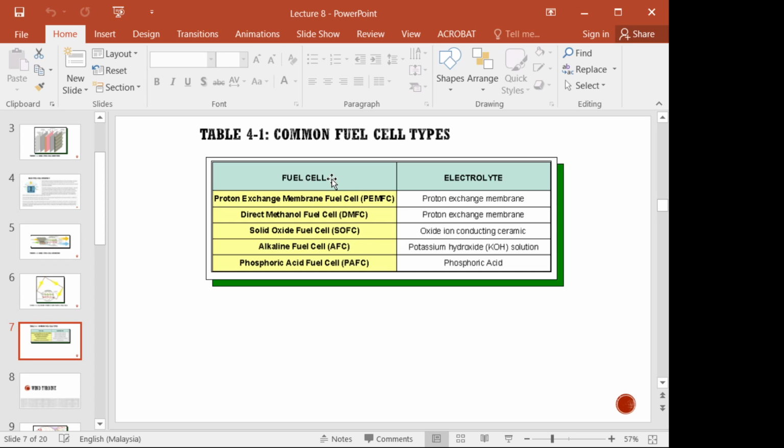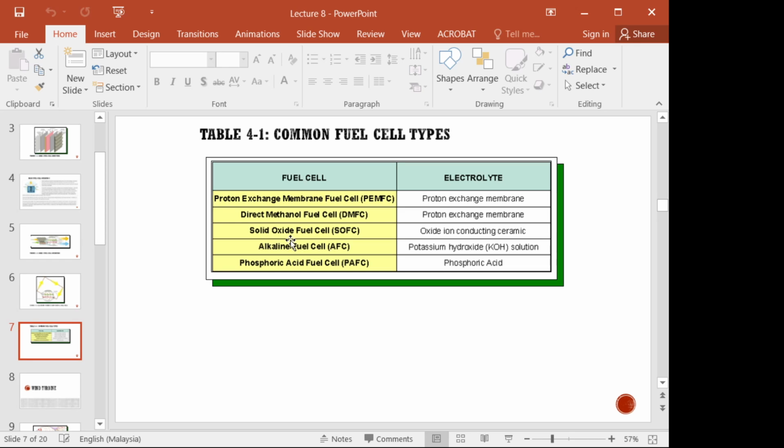There are different types of fuel cell, and these are the common ones. We have proton exchange membrane fuel cell, PEMFC, which uses a proton exchange membrane as electrolyte. We have also direct methanol fuel cell, or DMFC.